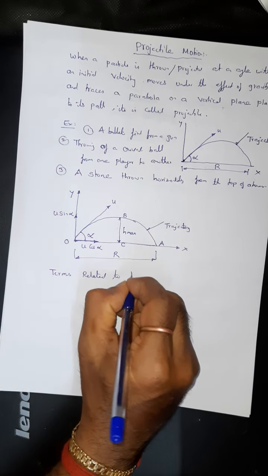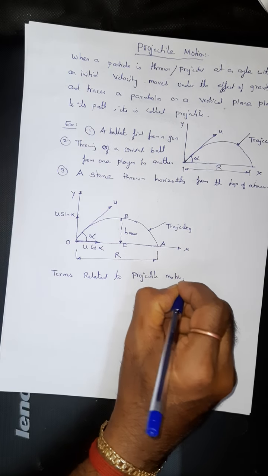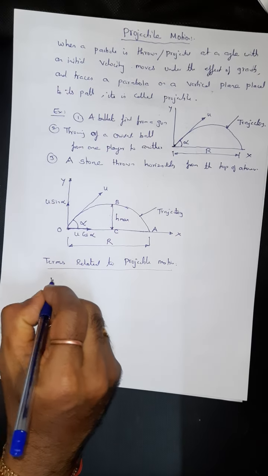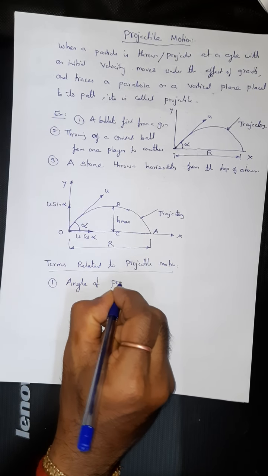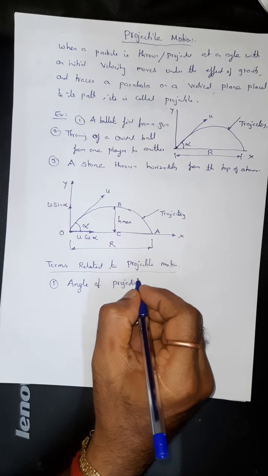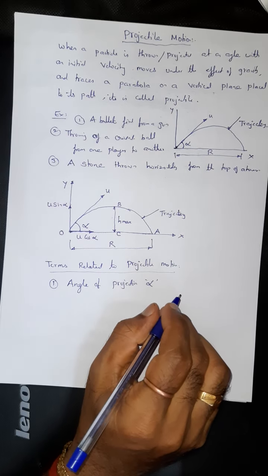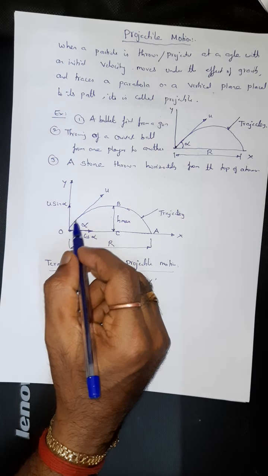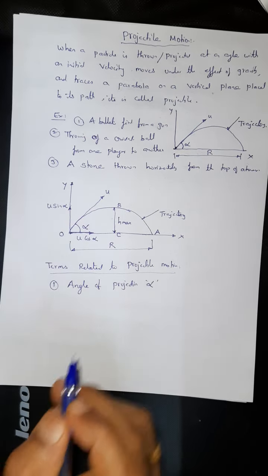The terms related to projectile motion are, first, angle of projection, which is nothing but alpha. The angle with the horizontal at which the projectile is projected is called the angle of projection. It is denoted by alpha.